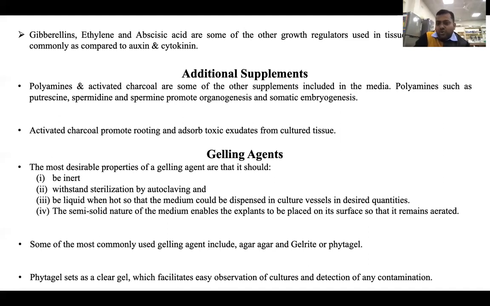Of course, I know agar is one of the most commonly used gelling agents, but these are some of the properties listed here for gelling agents. It should be inert, it should not affect the composition of your media. It's not that it should be releasing some kind of nutrients or minerals in there. It should be completely inert.